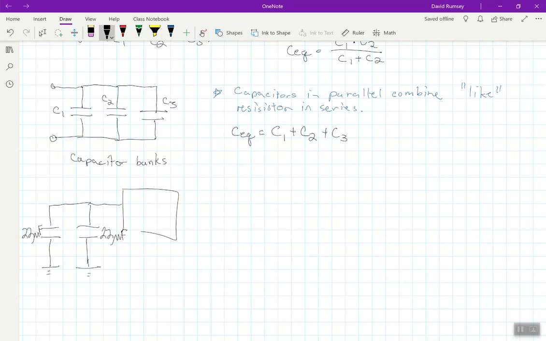Because if you're going to do something like that, you want to make sure that they're mounted side by side. You don't want to have one here and then one over here, because the whole point is you're trying to combine them together to make an equivalent capacitance. All right, but we're going to stop this video here for today, and we're going to look at a couple quick examples in the next video on how to do these.